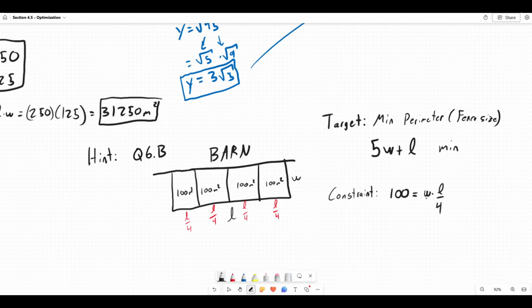So we're switching up where the equations went in terms of target and constraint. However, the same process totally works. Solve the constraint for one of your values. I suggest W. Plug it into the target, take a derivative, find the critical point, and then plug it back into the constraint. So hopefully this helps you.